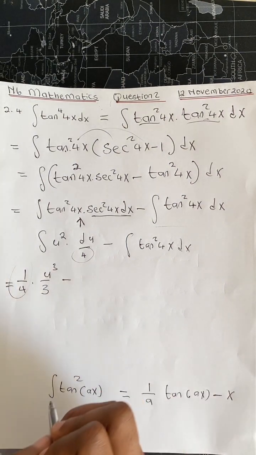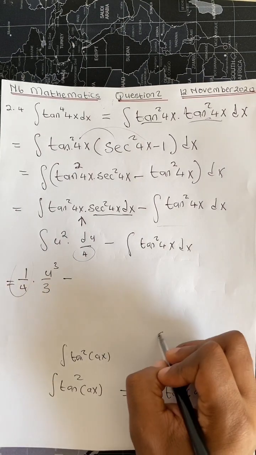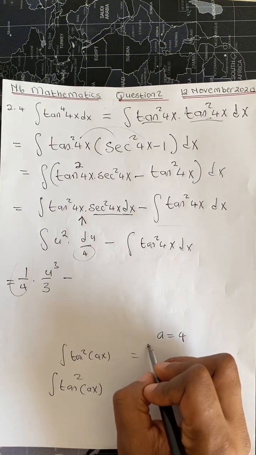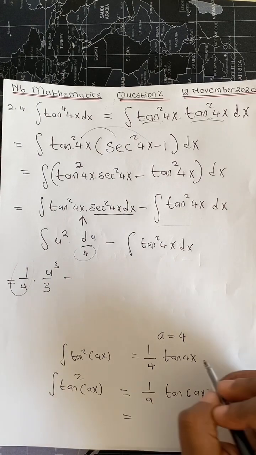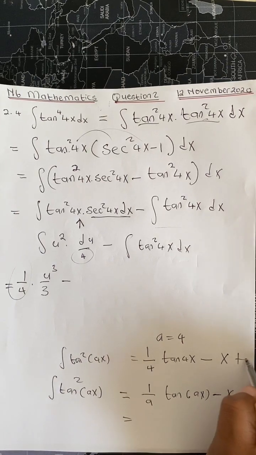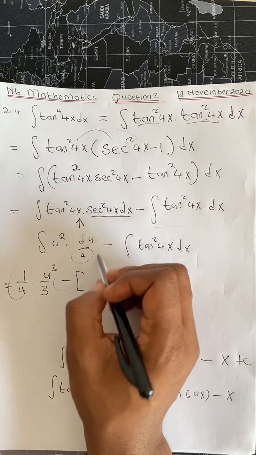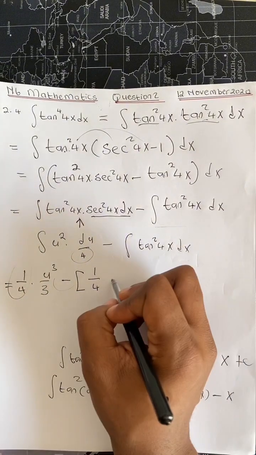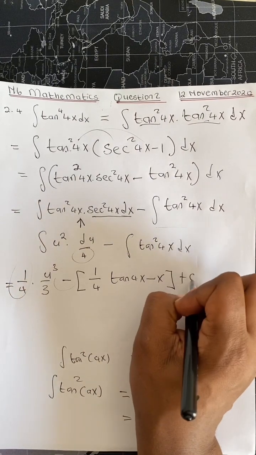In this case we have tan squared 4x, so a will be equal to 4. So the integral of tan squared 4x will be equal to 1 over 4 tan 4x minus x, I'm not sure about this minus sign, plus c. So that negative stands alone, and we have 1 over 4 tan 4x minus x plus c.